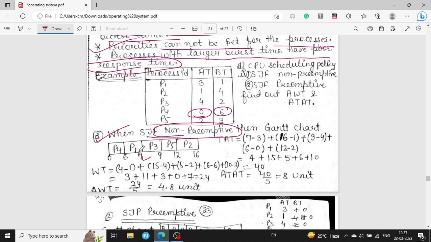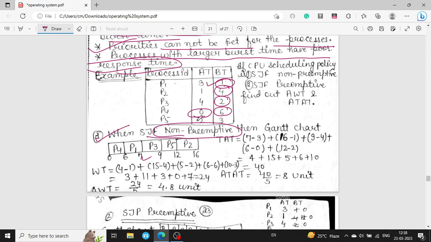Why do we use P1 first? Because when the process came at 3, it uses only 1 second. When process P2 came, it uses the CPU for 4 seconds. When process P3 came, it uses the CPU for 2 seconds.